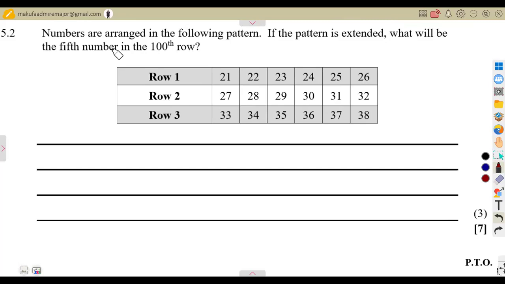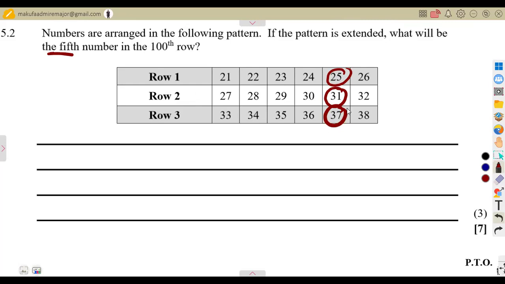Because they are saying numbers that are just arranged. So if the pattern is extended, what will be the 5th number? So this is row 1, 1, 2, 3, 4, 5 of row 1. Row 2, 1, 2, 3, 4. Row 3, and so on. So we are going to have this.